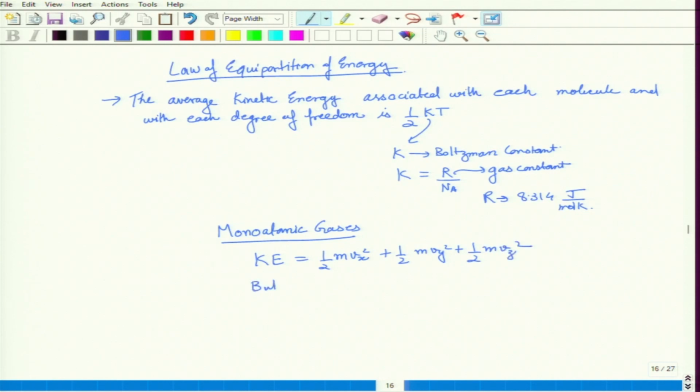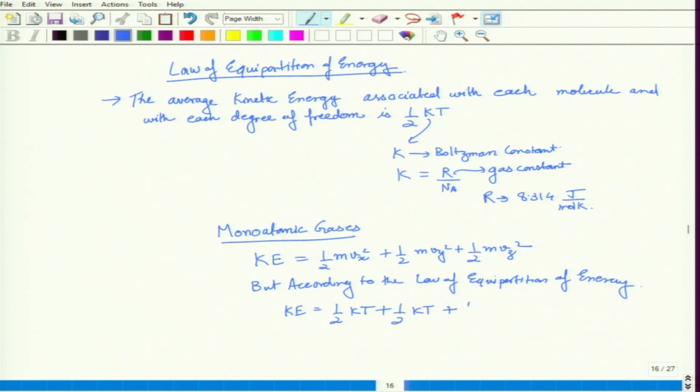But according to the law of equipartition of energy, this becomes 1 by 2 kT plus 1 by 2 kT plus 1 by 2 kT, and so this becomes 3 by 2 kT.